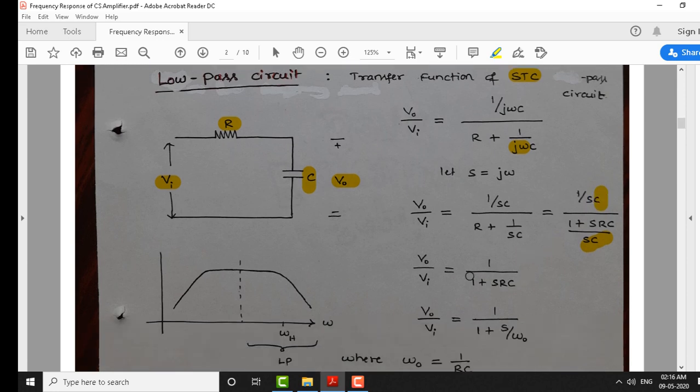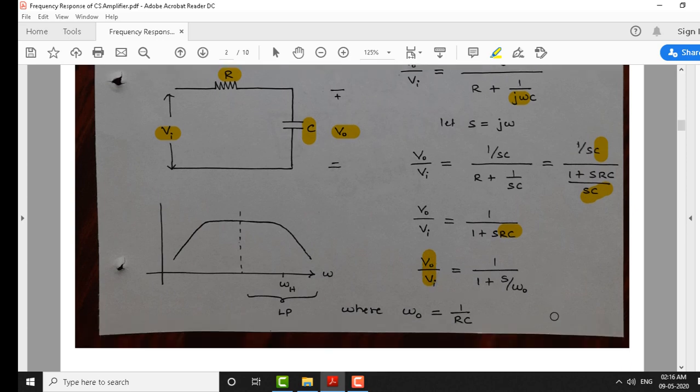The simplified expression for the transfer function V0 by Vi is 1 divided by 1 plus s times RC. Now we can indicate this RC as 1 by omega naught. If we replace RC by 1 by omega naught, the transfer function becomes V0 by Vi equals 1 divided by 1 plus s divided by omega naught, where omega naught equals 1 by RC.